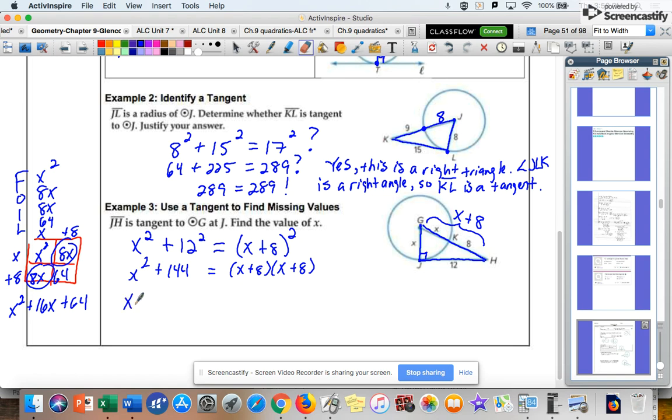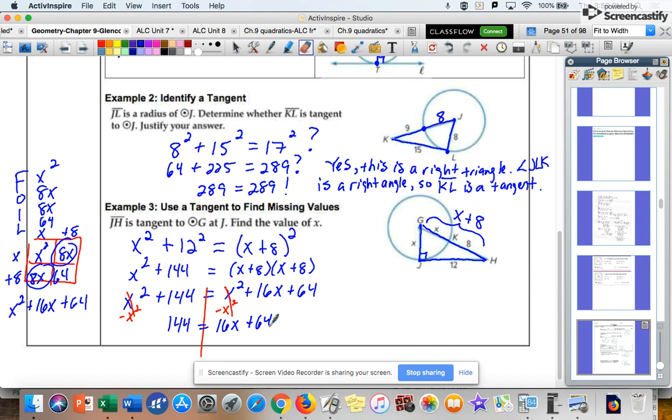Okay, so when we do our algebra here, we get x squared plus 144 is equal to x squared plus 16x plus 64. We multiply that out. All right, so now let's see what happens here. If we start solving for x, notice we undo the x squared from one side, they actually cancel out from both sides. So that leaves us with 144 is equal to 16x plus 64.